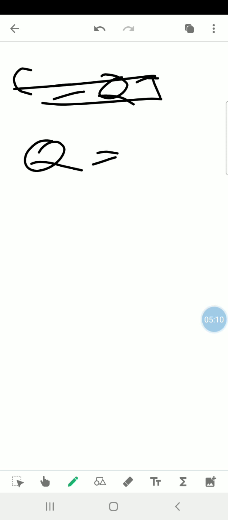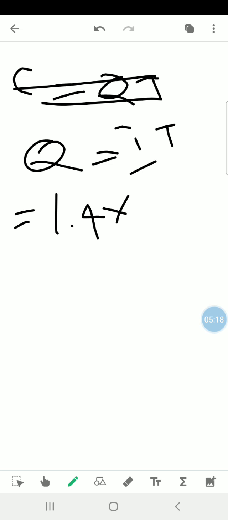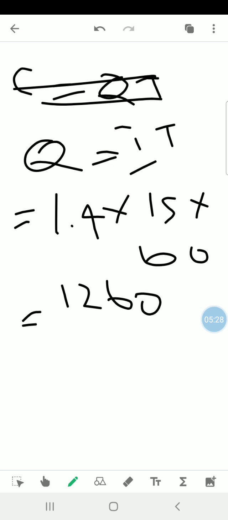So I, the current, is 1.4 amperes, multiplied by time, 15 minutes. That has to be multiplied by 60 to get seconds. So 1260 coulombs is what we have.